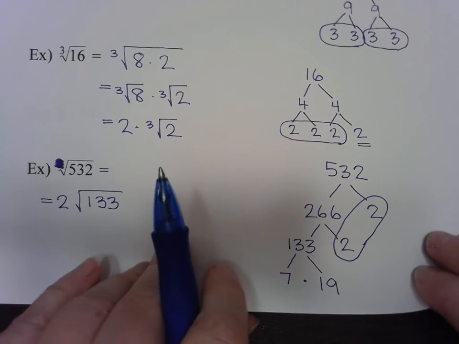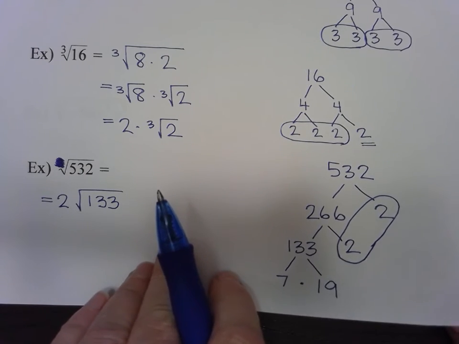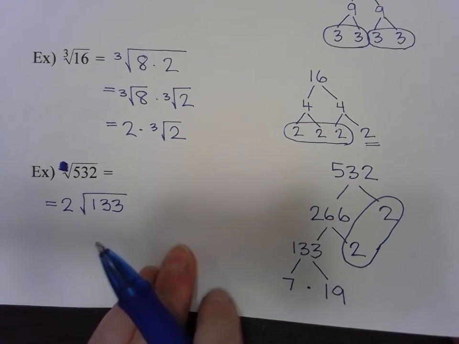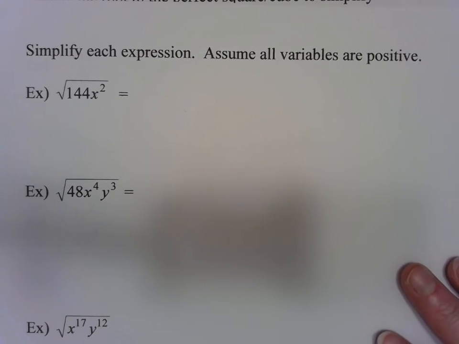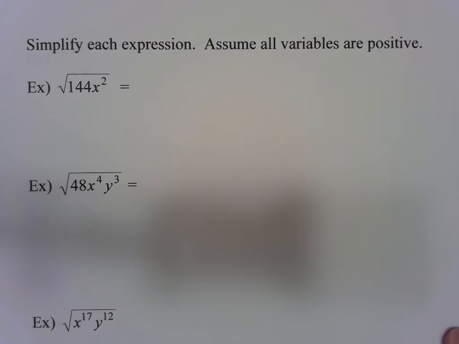All right. Okay, so this has been a lot of examples that deal with just numbers. Now let's add in some variables. Okay, we'll start simple and kind of work our way up. So let's say we have the square root of 144 x squared.